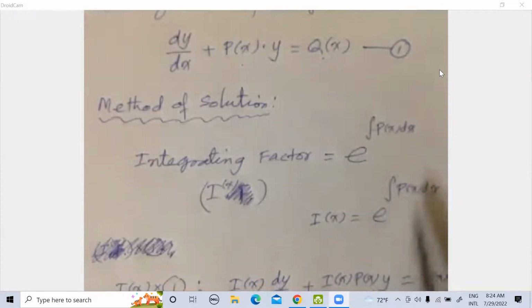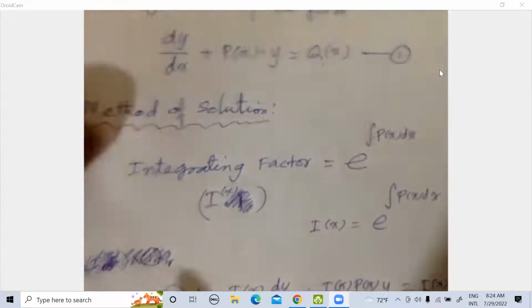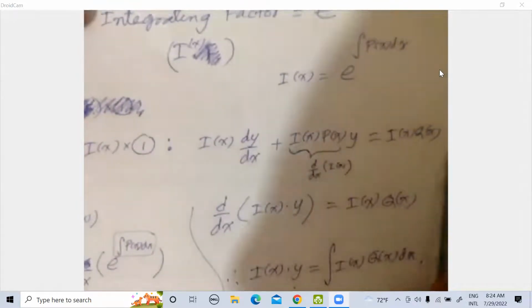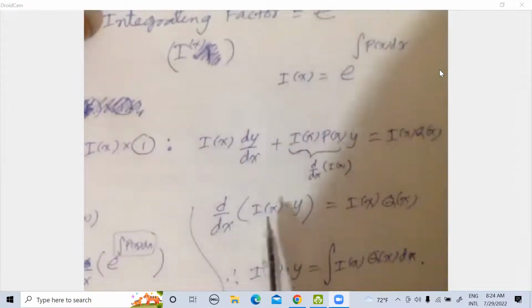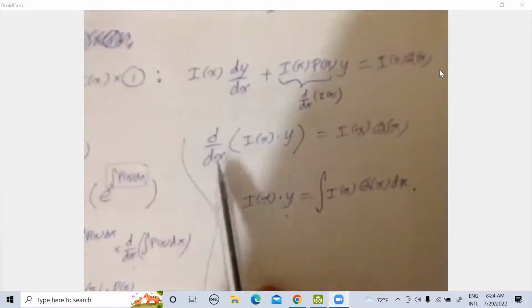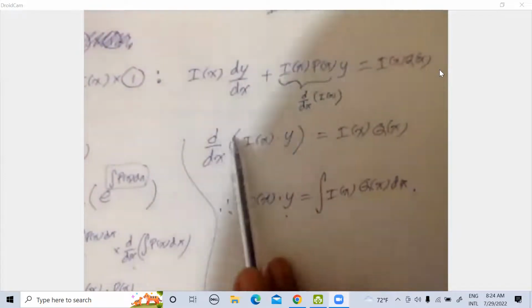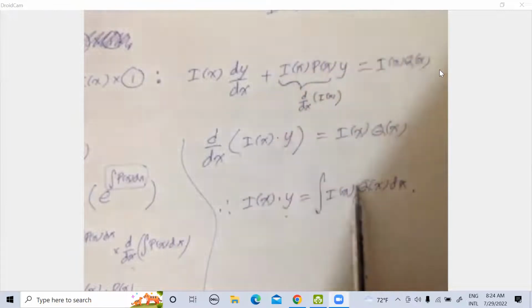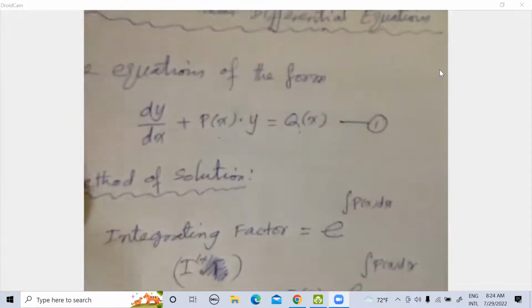Integrate that and find the integrating factor, then multiply the given equation by the integrating factor. The left hand side is always the integrating factor times y. So when you integrate this side, you get this equals the integral of this side. And that is what we did in the previous problem.